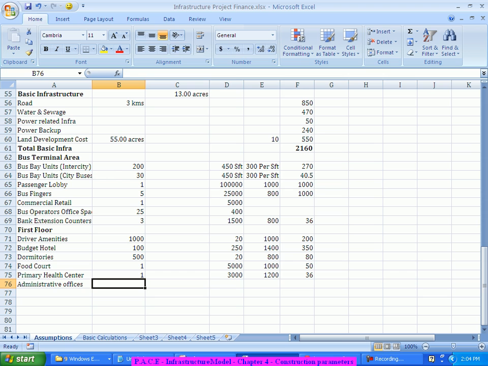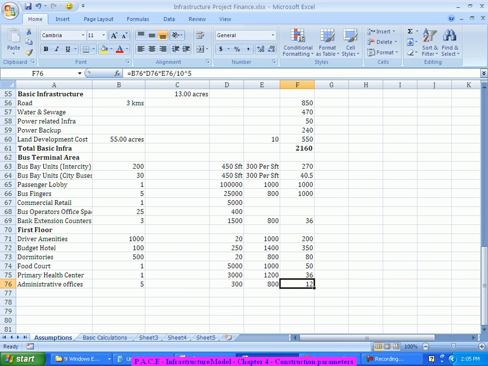You are developing 5 such administrative offices in a 300 SFT space at 800 per SFT. So these are the things you are planning to develop. So you are doing a simple cost estimate of all these things in the bus terminal area.